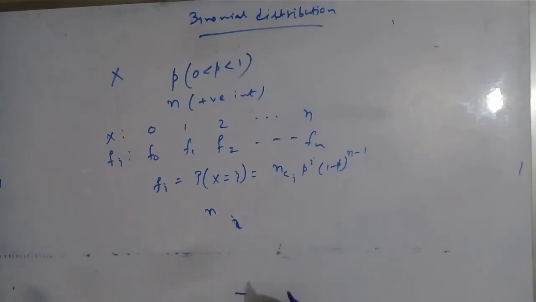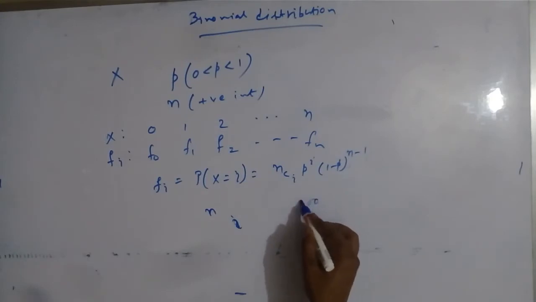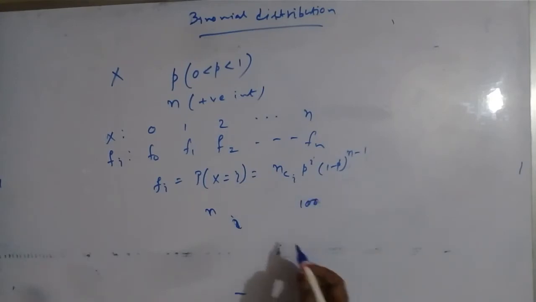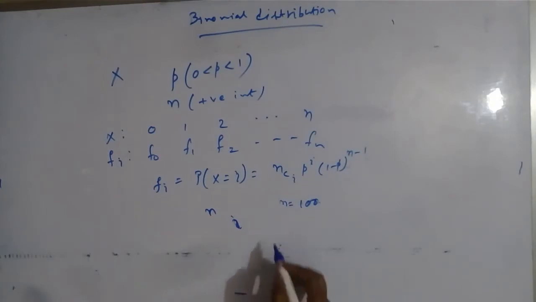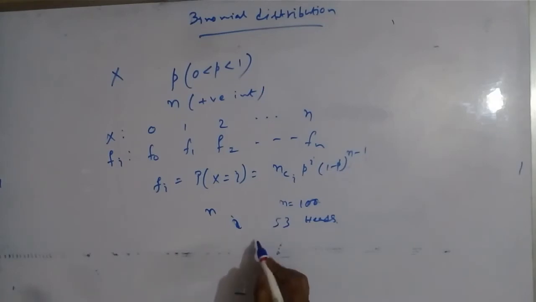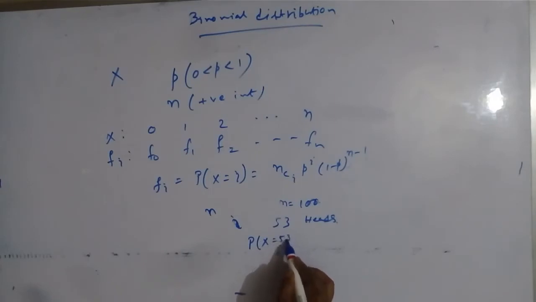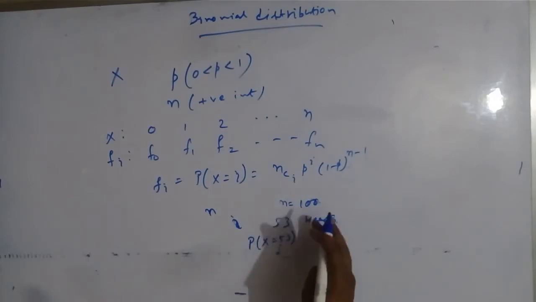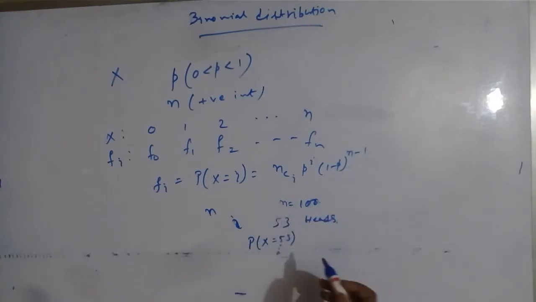Let us give an example. Suppose a coin is tossed 100 times, that is n equal to 100, and we want to find the probability of getting 53 heads in 100 tosses.